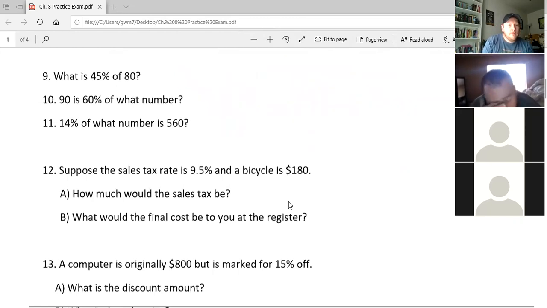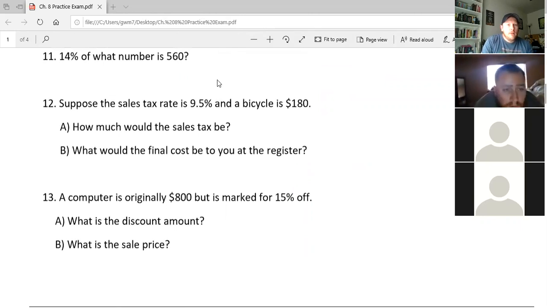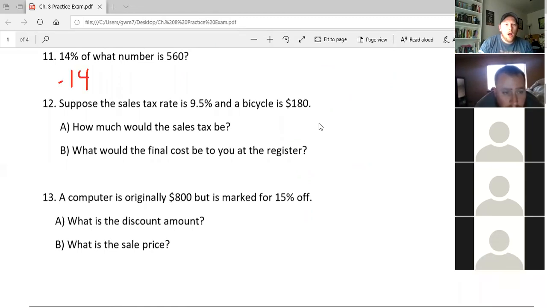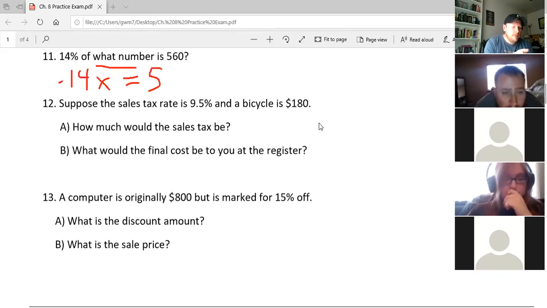Number 11. 14%. 14% is 0.14. Of means to multiply, but we don't know what number it's multiplying, so x is means equals 560.